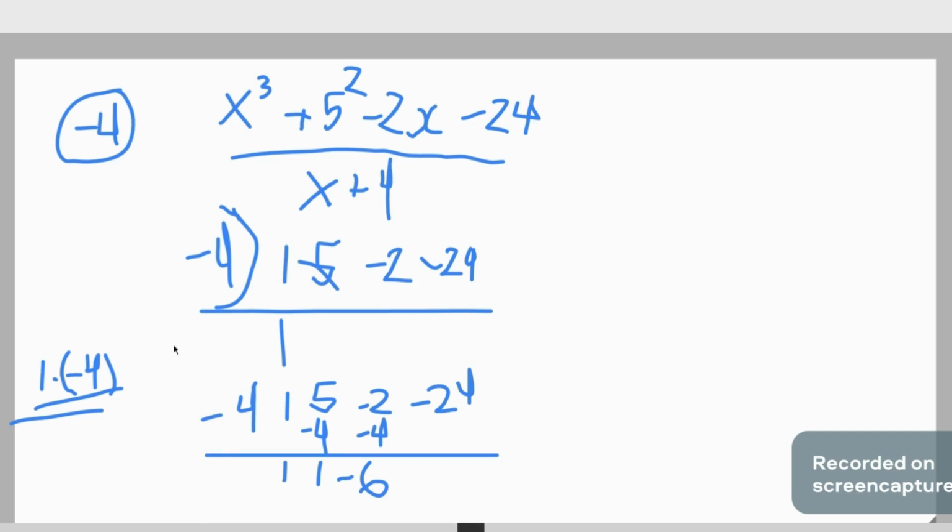And -4 times -6 is going to give you a positive 24. You see how those cancel out? It's kind of like magic, okay? It was kind of already a predestined, pre-ordered thing. So -24 and 24, that's going to give us a 0. Boom, we have our first 0 in here. And this doesn't mean much, but don't worry, we're going to fix this.